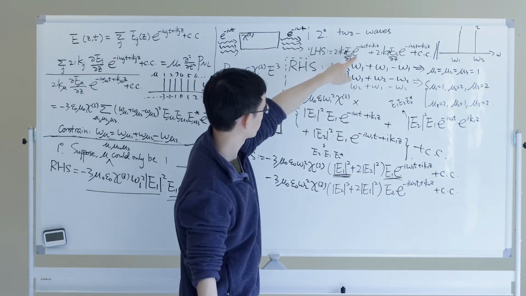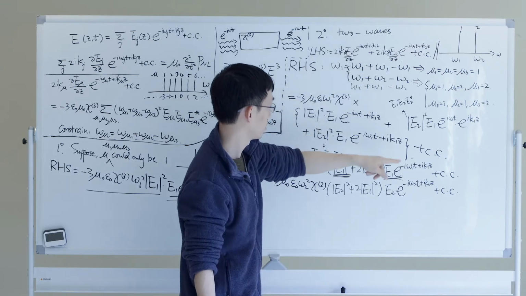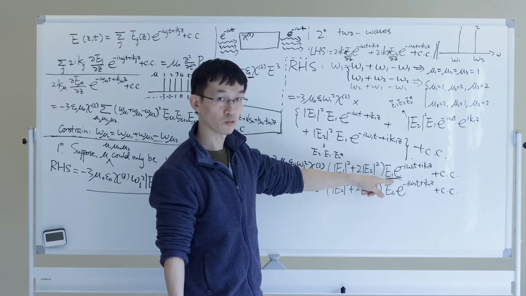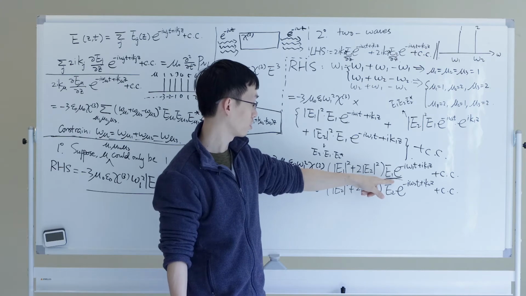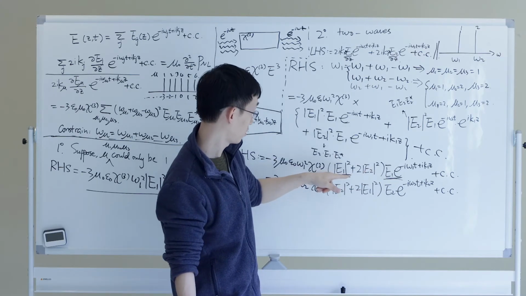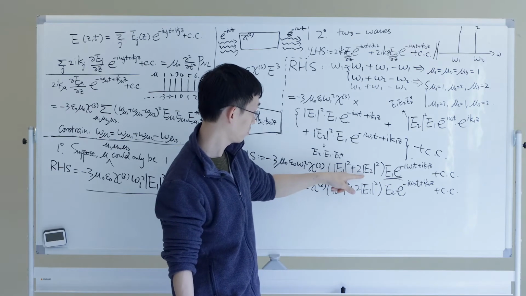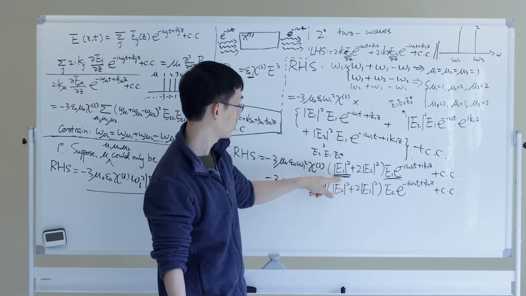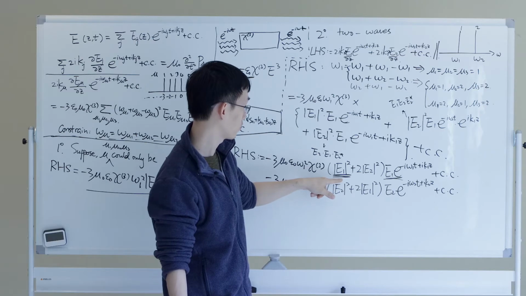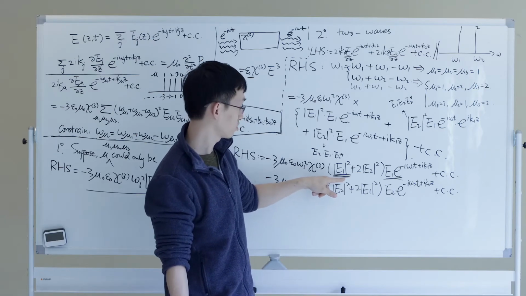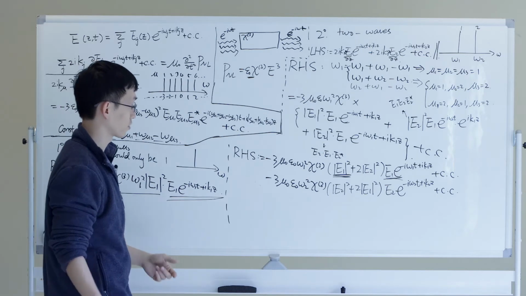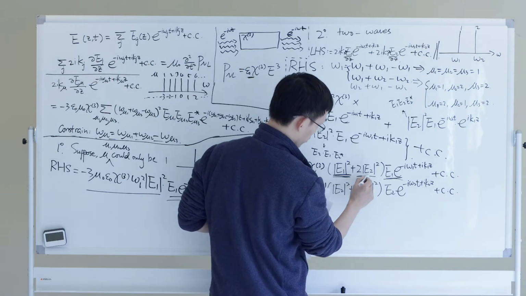So if you look at this, the omega 1 term here is just the wave itself, the electrical field itself, and in front of it it's times two constants. One is the electrical field of itself, amplitude square, which is the same as self-phase modulation, the Kerr effect. The other one is interesting.